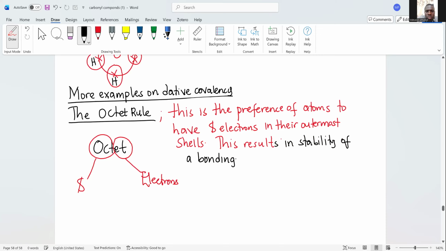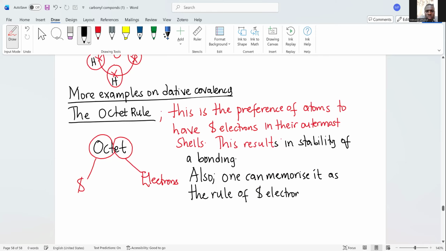So this rule of 8 electrons, one can memorize it as the rule of 8 electrons in the outermost shell.